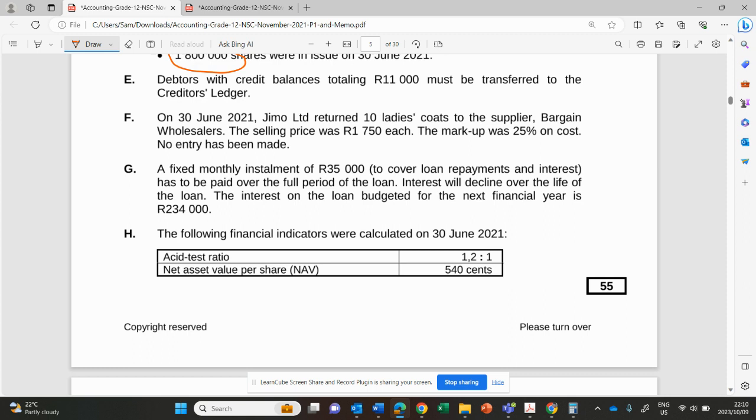So the selling price was this one, the markup is this one. So we are looking for the cost of the return. So what we'll do, you have to get the cost price first. You're gonna say the selling price of 1,750 times 100, then divide by 125.